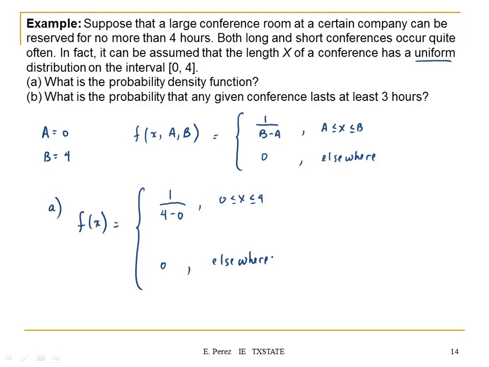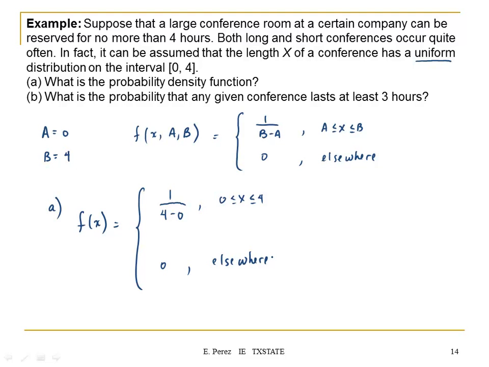Questions? So you know the PDF for a uniform distribution. That's given. You know that the process follows a uniform distribution, so you want to write down what the uniform distribution is for this problem. So you have the PDF.